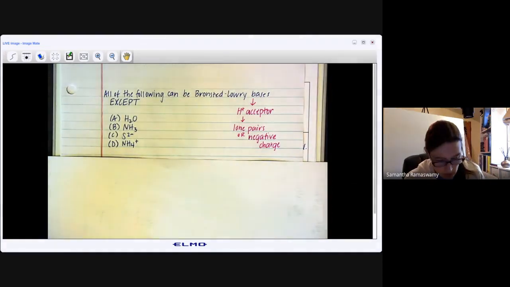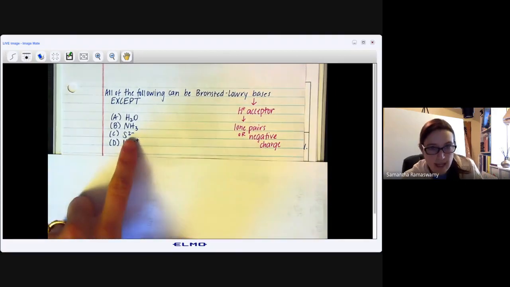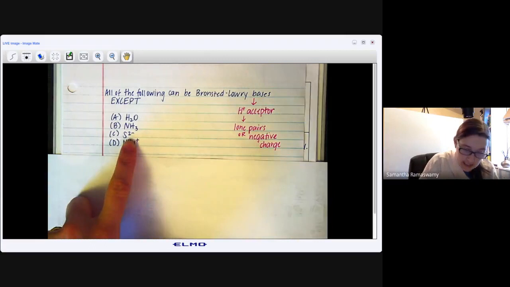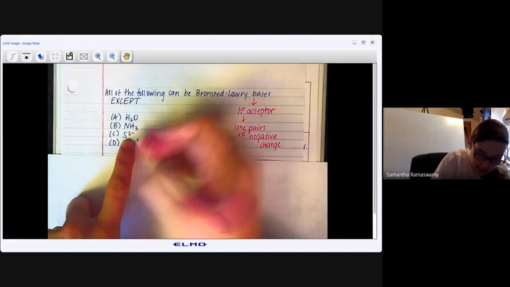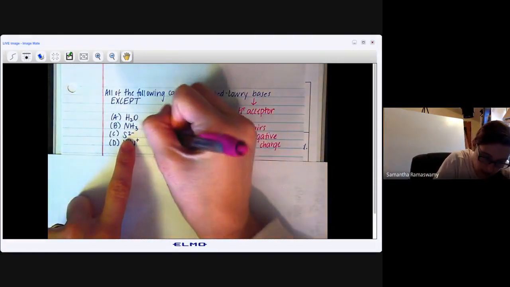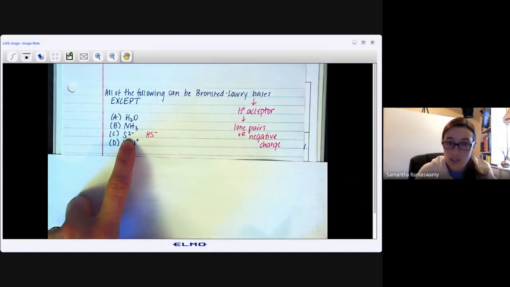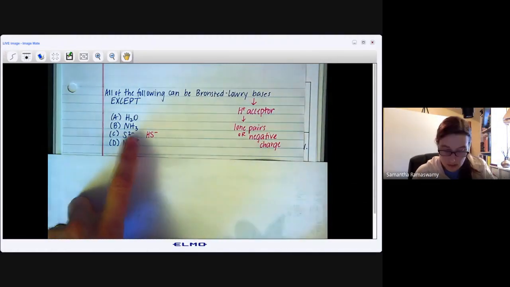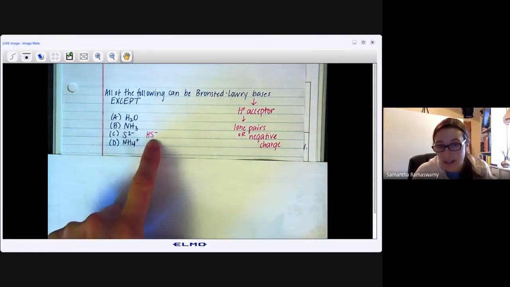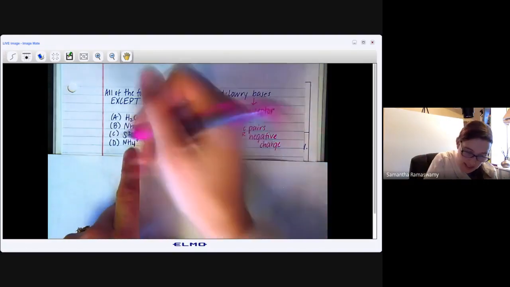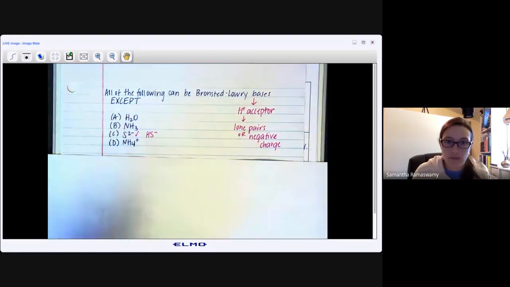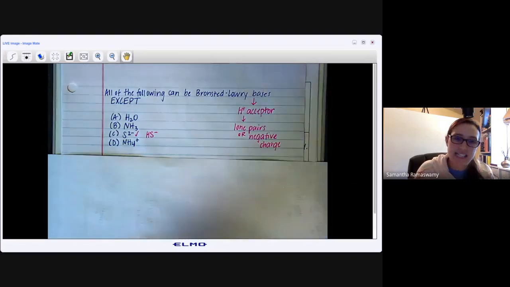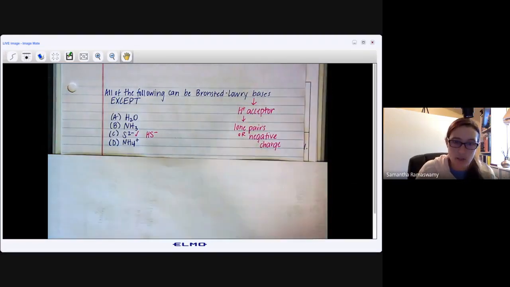So I see S2 minus. It has a negative charge. If I add an H plus to this, it becomes HS minus. That's a perfectly acceptable conjugate acid. So S2 minus could be one. This is an except question, so we're trying to find which one does not match.